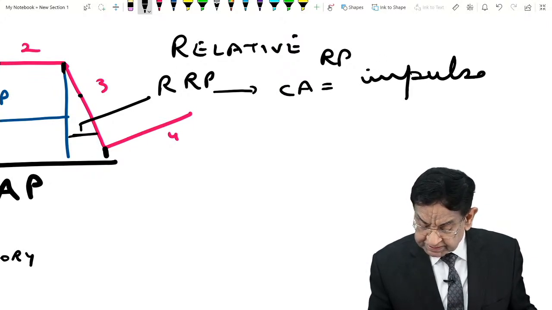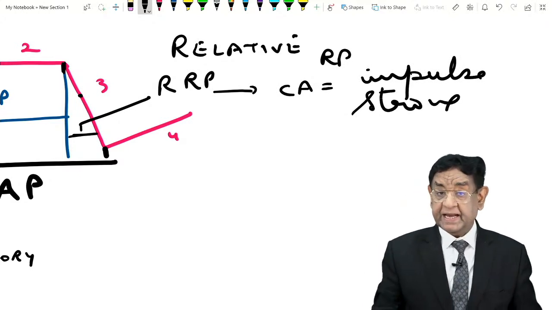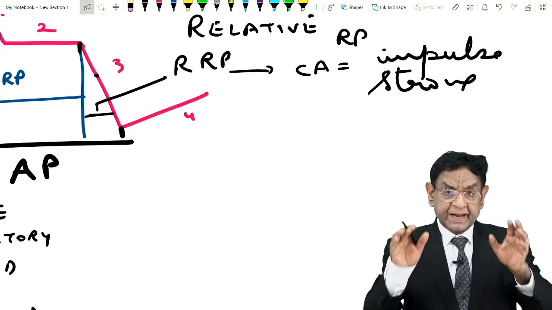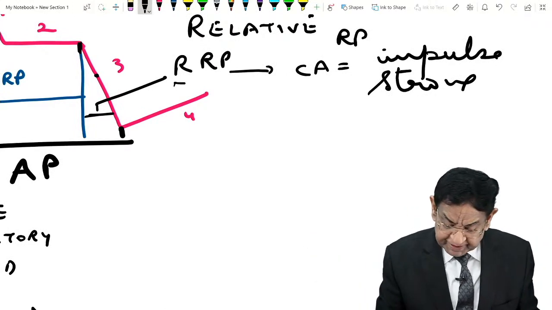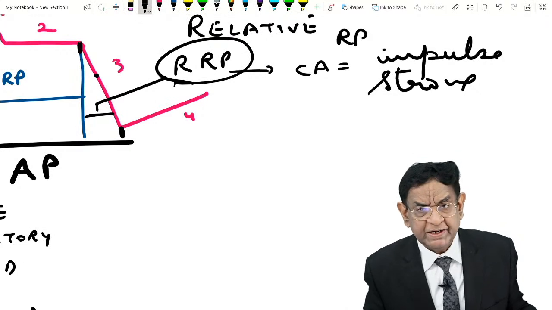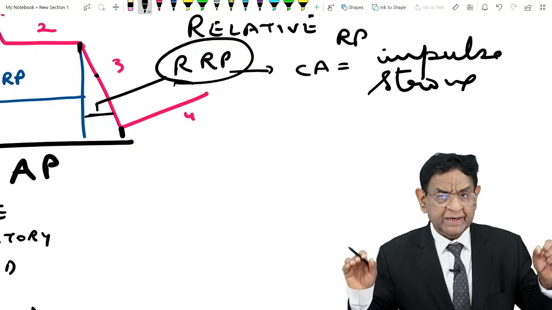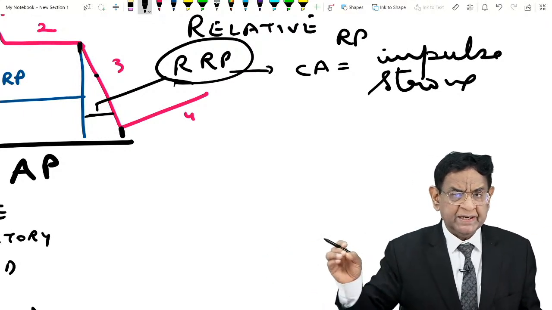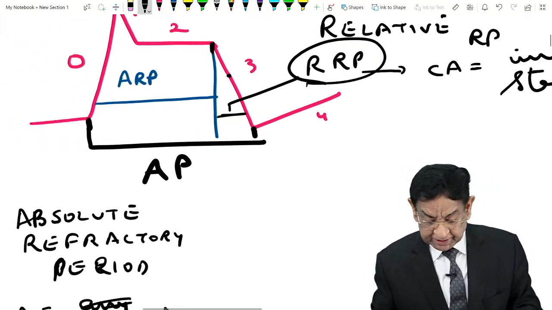If impulse is strong, arrhythmias can occur. And one more thing, due to any reason, if relative refractory period is increased, they are more likely to have arrhythmias. I repeat again, if due to any reason relative refractory period is increased, it is more likely to develop arrhythmias also, about which I'll be talking to you later on.